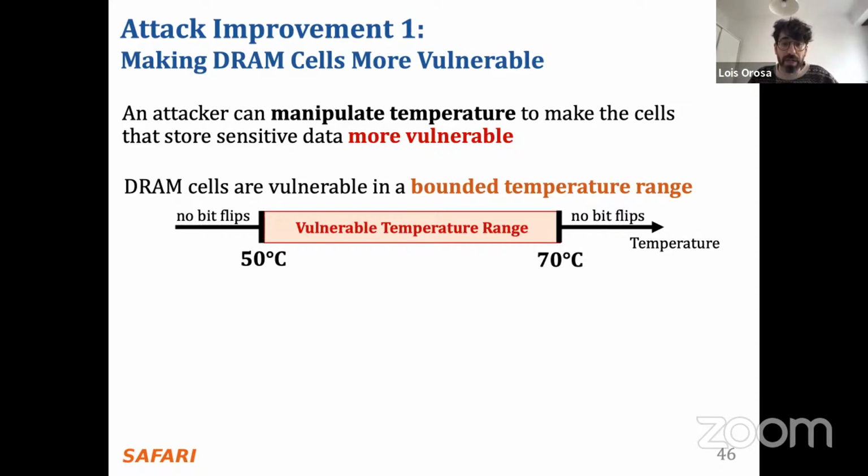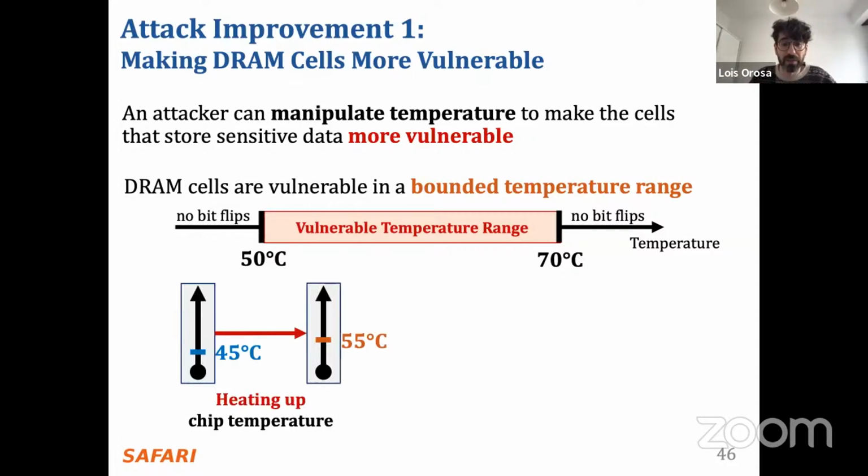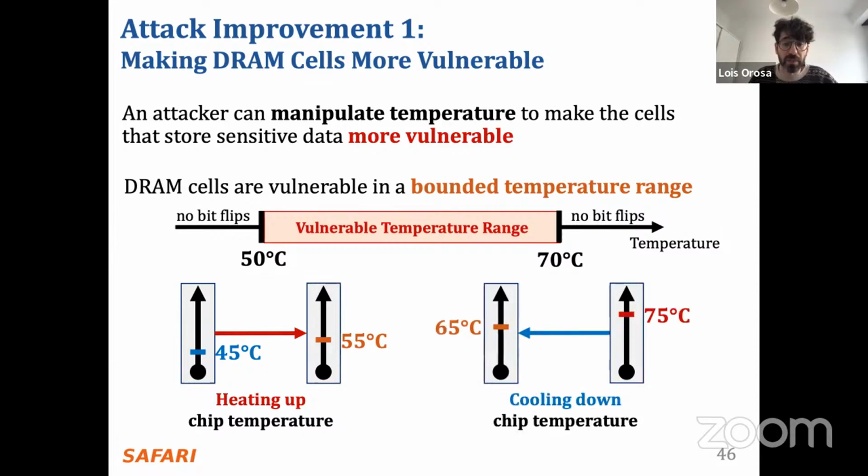For example, let this range be from 50 to 70 degrees Celsius for the victim cells. To attack the cells within their vulnerable temperature range, an attacker could heat up the chip if the current temperature of the cell is below 50 degrees, or cool down the chip if its current temperature is above 70 degrees Celsius.